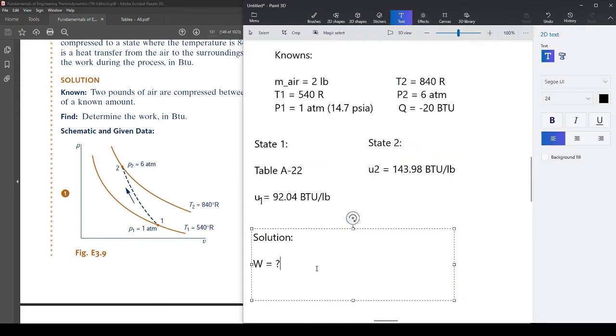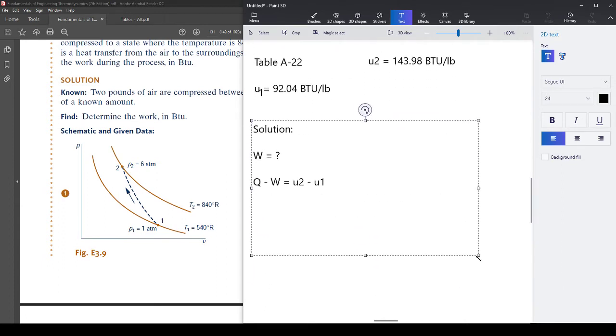So work is what we're trying to find, and so we know a couple of equations, right? We know that Q minus W is equal to U2 minus U1. We know this equation. I think everybody is pretty familiar with it.